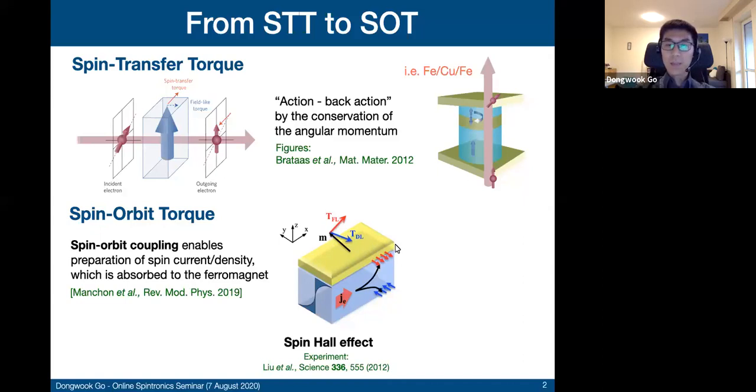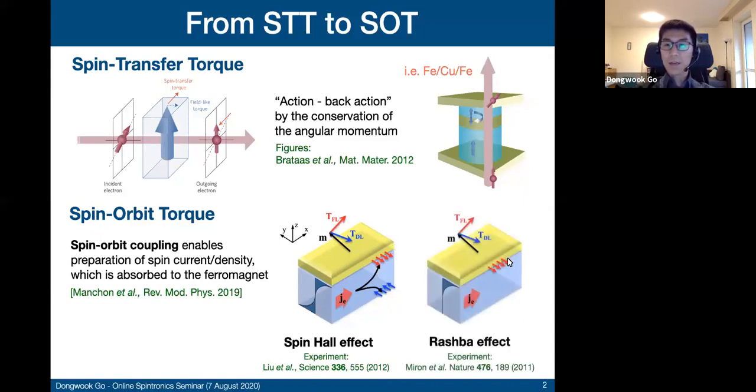Meanwhile, another mechanism was proposed, which is based on the interfacial state between the ferromagnetic layer and the non-magnetic layer. There exist so-called Rashba states. The essential feature of the Rashba state is the locking between the electron's velocity and spin. By utilizing this spin-velocity locking, we can also generate a non-equilibrium spin density at the interface, and in turn, we can manipulate the magnetic configuration.